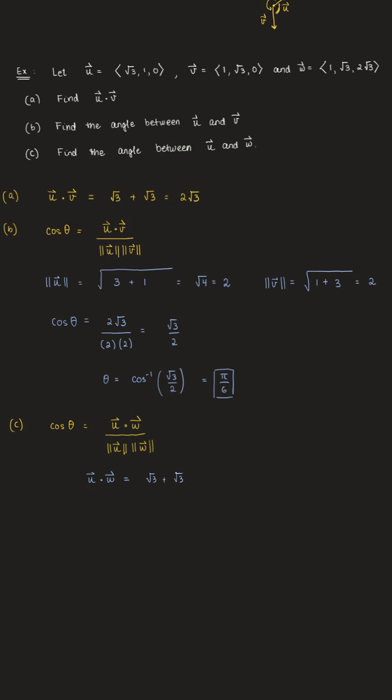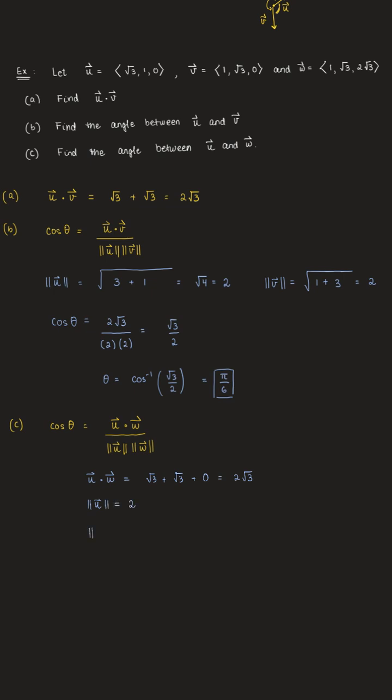And the third component is just going to be 0 because 0 times anything is 0. So the dot product of u and w is also 2 root 3. I say also because that was the same as the dot product between u and v. And we already have the magnitude of u. We know that that's equal to 2. We found that in part B.